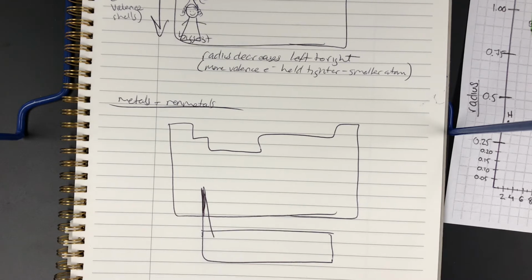Okay, who knows where the non-metals are on the periodic table? Jacob? Can I point? Sure, you could also use words like left or right or top or bottom. Non-metals.